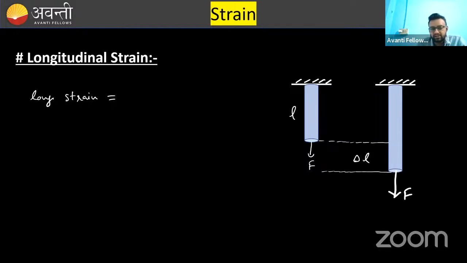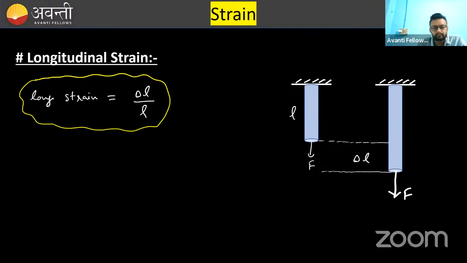You will say delta L. So delta L divided by the original length L. This is longitudinal strain. What will be the unit of strain? Strain is unitless, because both are lengths. Okay, is it clear to you?